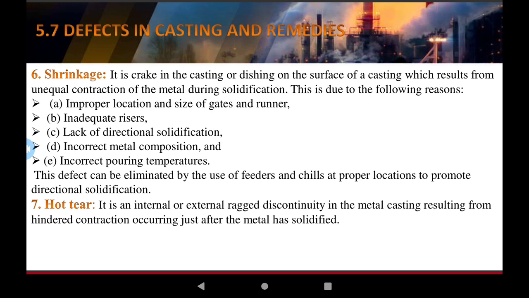Defects in the casting and the remedies.